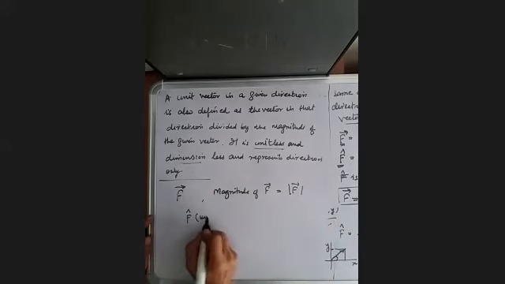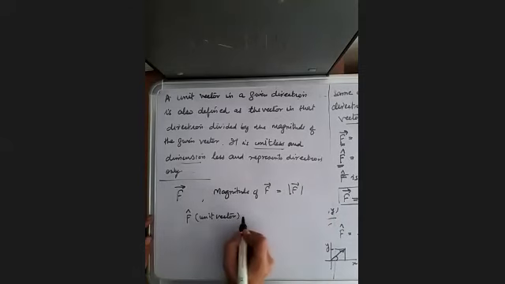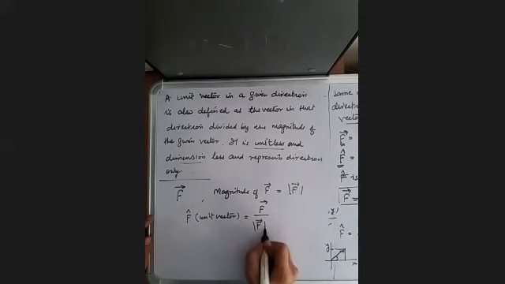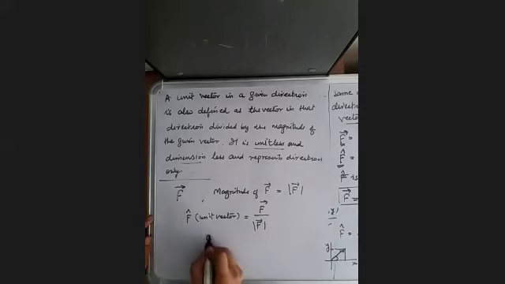The unit vector of force will be equal to the given vector divided by its magnitude. So this is how we find out the unit vector. The unit vector only gives the direction and it has no unit.